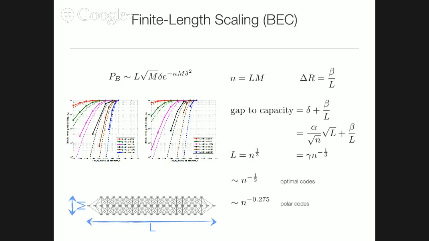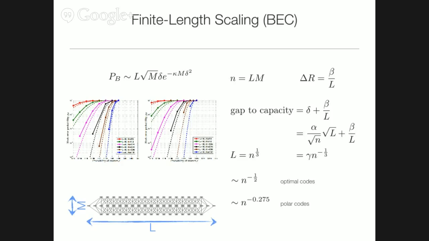Now if you ever looked at scaling results like this, if it wasn't for this part here, and if this was the block length, then this is actually very good. This is exactly how optimum codes behave: e to the minus n delta squared. If you ever looked at error exponents, you will see that the error probability behaves like e to the minus some constant, which depends on where you're operating, times n, the block length.